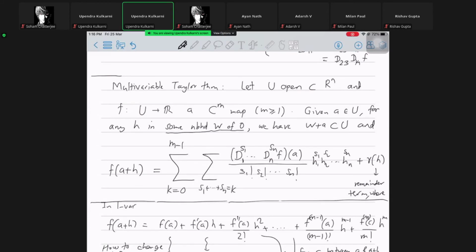It's a polynomial in many variables, the variables h_i. And I think what is going to happen now is that if I calculate all partial derivatives up to the (m-1)th order, they will match. That actually makes sense.